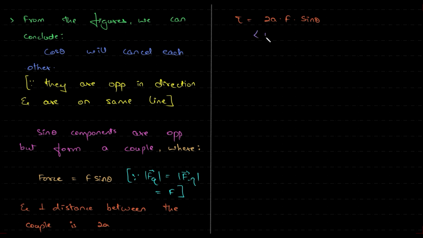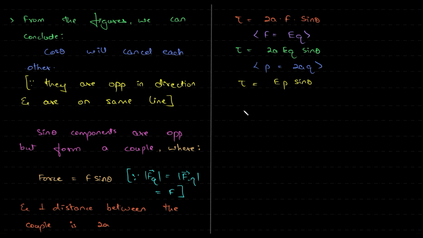Agree? Now, the force in terms of electric field is EQ. So we have torque is equal to 2a EQ sine theta. But your moment is nothing but 2aq. I'm just substituting, trying to express the final expression in terms of dipole moment. So, EP sine theta.